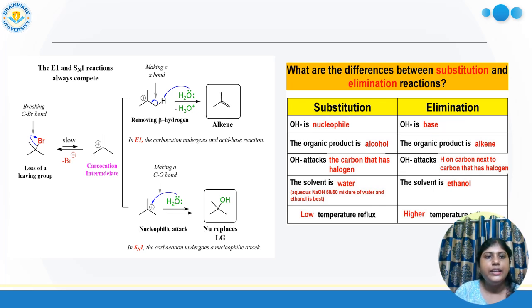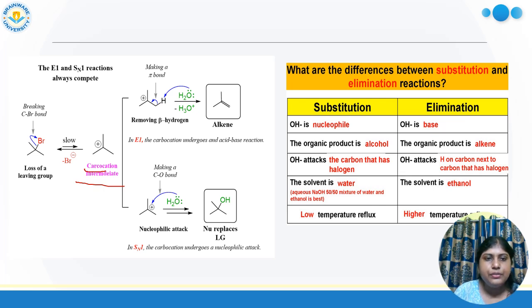Then the E1 versus SN1 reaction. E1 means elimination unimolecular and SN1 means substitution nucleophilic unimolecular reaction. Now if we treat an alkyl halide with a base, the E1 reaction or the SN1 reaction will happen. First of all, a carbocation will generate, which is known as the carbocation intermediate.